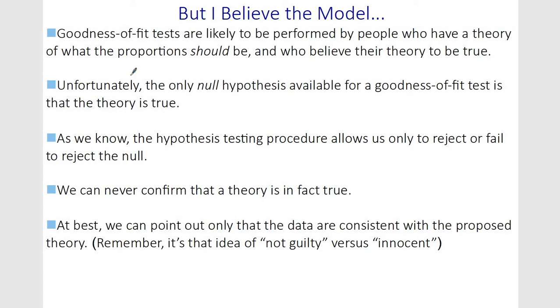So we either reject or fail to reject. We can't confirm that the theory is true, but all we can say, and this is the key here, is that the data is consistent with the proposed theory. It's following what you would expect to happen. That's all it's saying.